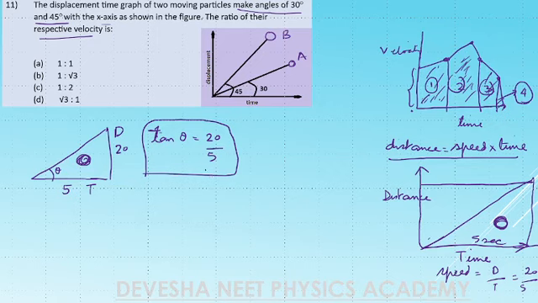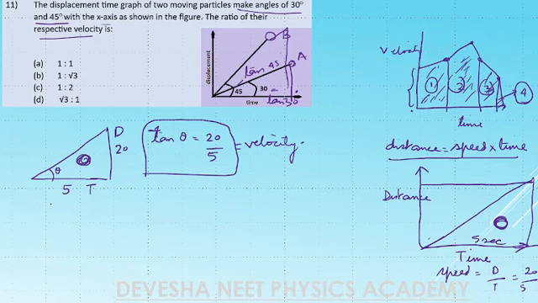So going by the same analogy, we'll come back to this problem. If you know tan theta, we'll be able to get the velocity. Imagine there are two bodies here. The velocity of this one is tan 30, and the velocity of this one is tan 45, because this angle is 45 degrees.